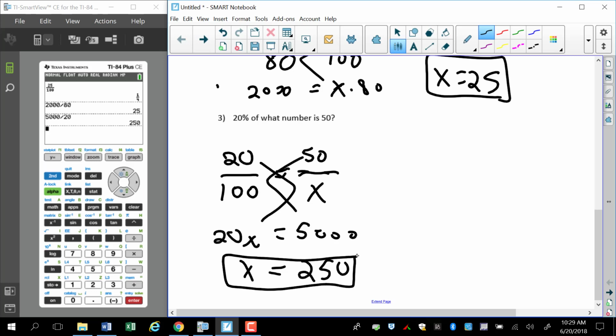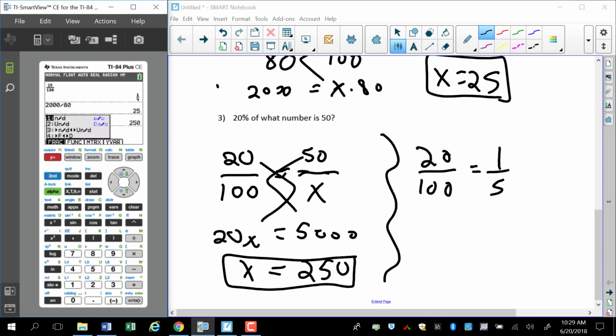So that's one way of doing it, just setting up these proportions out of 100 and cross multiplying. If it helps, if you want to think about it a slightly different way, 20 out of 100, let's simplify that. Well, that's 1/5. I'll verify this over here on the calculator. 20 here, we'll put 100 on the bottom, and there's our 1/5. Well, how can we get this top number to be 50?